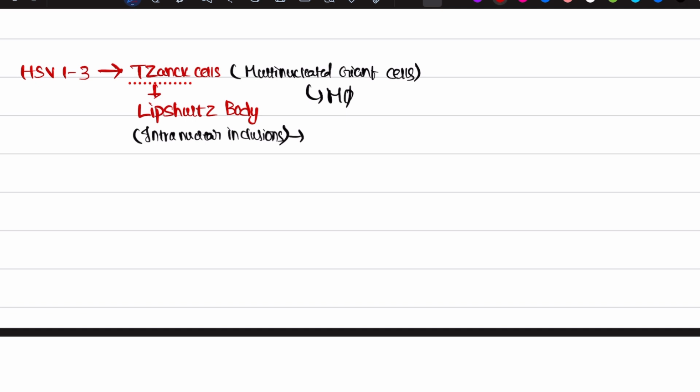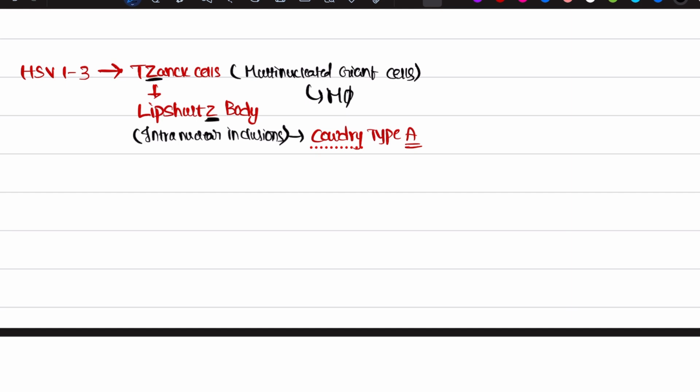This is Cowdry type A. Okay, so there is one more hint to remember this. Please try to remember it in this way. Z for Z, Tzanck cells. Z for Z is Lipschutz body. Okay, please remember it in this way.